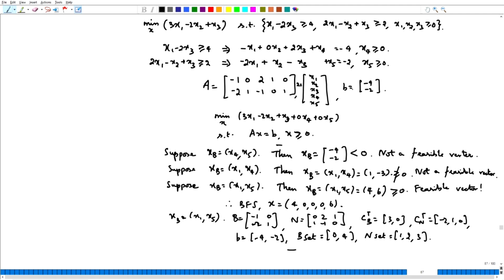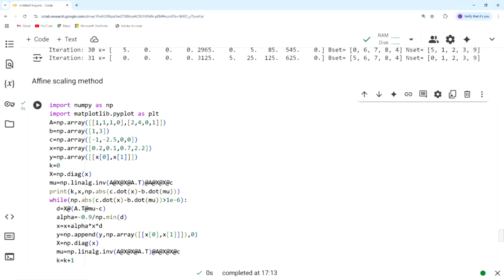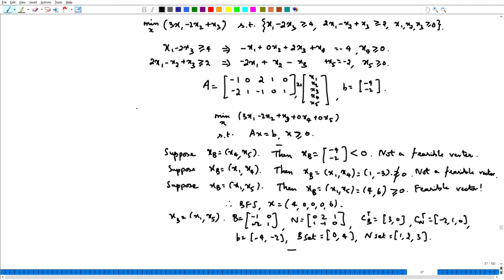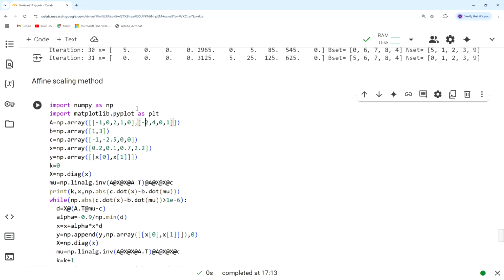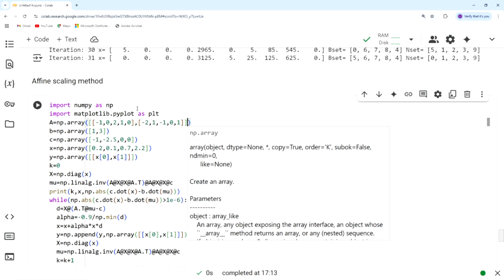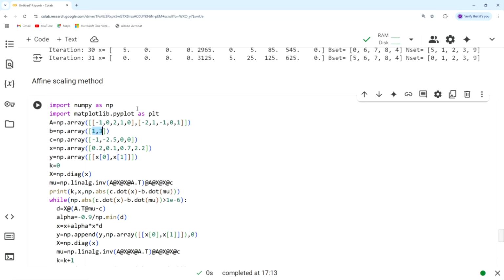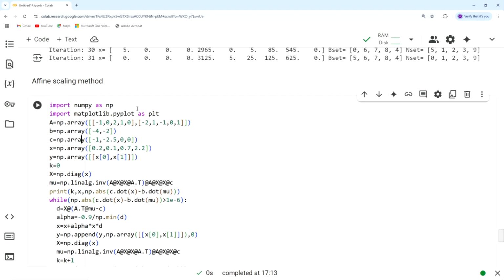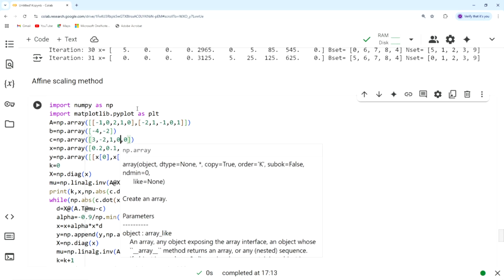But nevertheless we will write down capital A, little b, and c. C is 3 minus 2 1 0 0, okay. A is minus 1 0 2 1 0, and the next row is minus 2 1 minus 1 0 1. b is minus 4 minus 2, and c was 3 minus 2 1 0 0, okay.